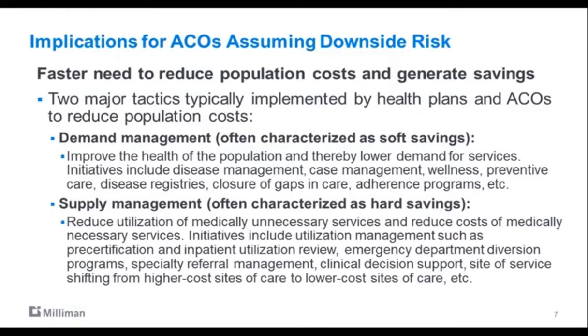Those types of initiatives include utilization management, such as pre-certification, inpatient utilization review, emergency department diversion programs, specialty referral management programs where PCPs are expected to practice at the top of their license and not refer always to specialists for every condition, clinical decision support programs, site of service shifting from higher cost to lower cost.